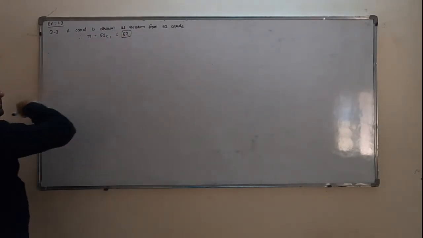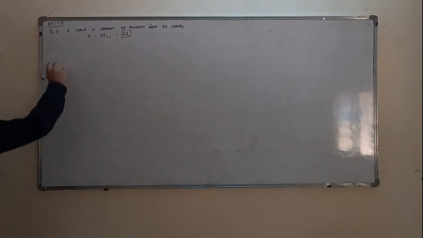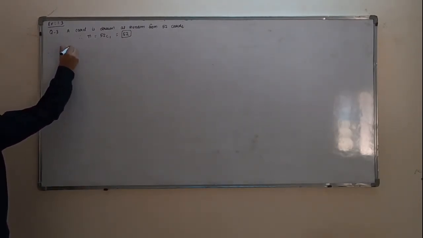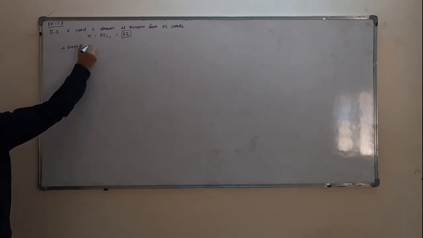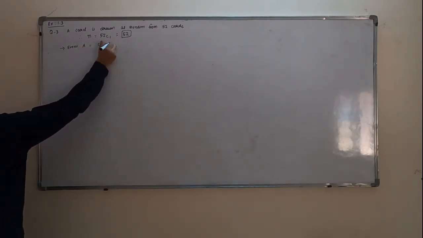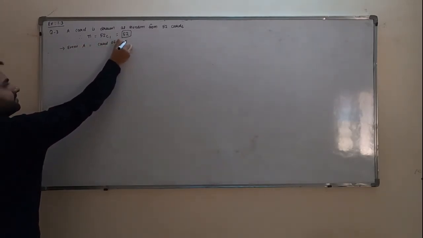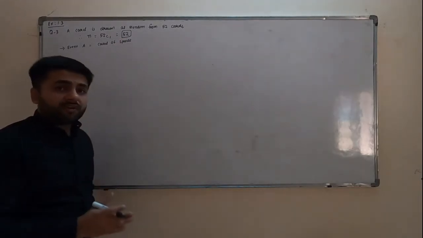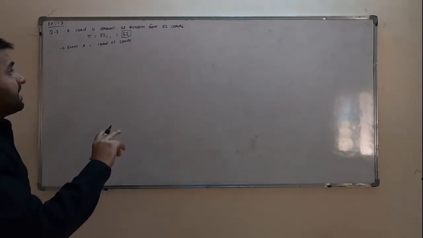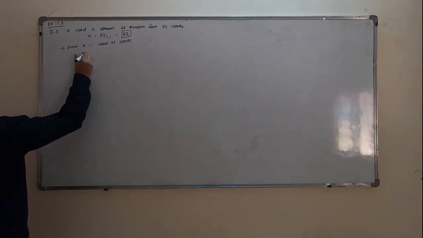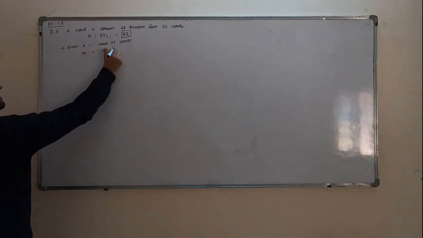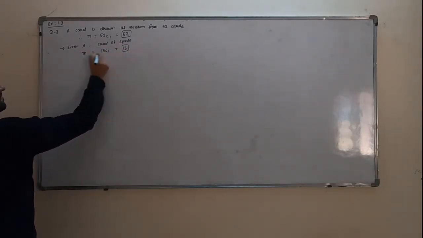When c1 is given, the answer is that. Now for that, first we need event A, card of spade, because here spade or ace is written, so first only card of spade. So m is equals to 13c1, that is 13.